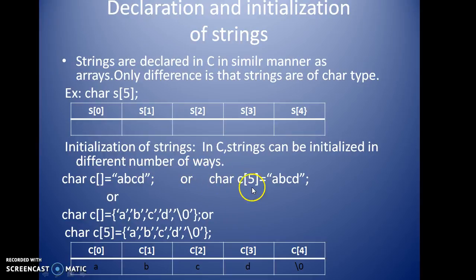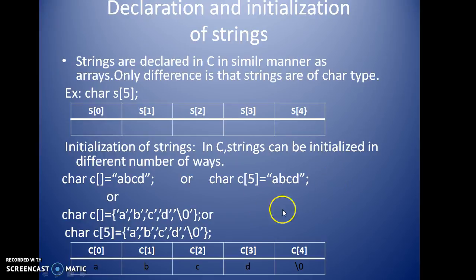Another way is we can mention the size of the array and then write the characters in between double quotations. And one more way is we can define each single character by using single quotations. All the characters you want to represent as a string will be written in single quotations separated by commas, and also you can mention the size of the array.